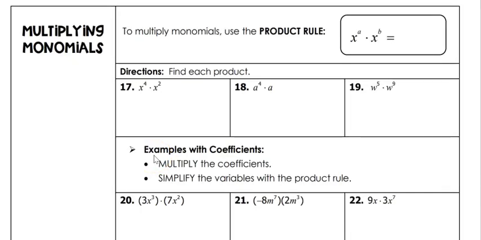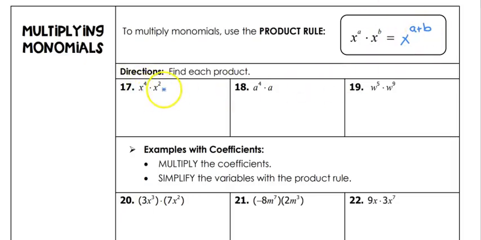Now we're going to move to multiplying. When we multiply monomials, we use something called the product rule. The product rule says that if I multiply these two things, I am going to add the exponents. When I multiply two monomials, the variable stays the same, and I add the two exponents together.